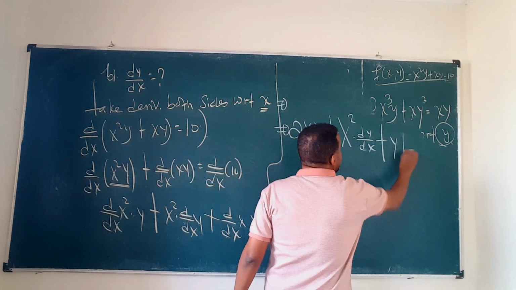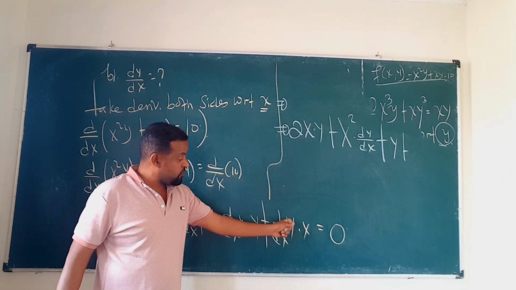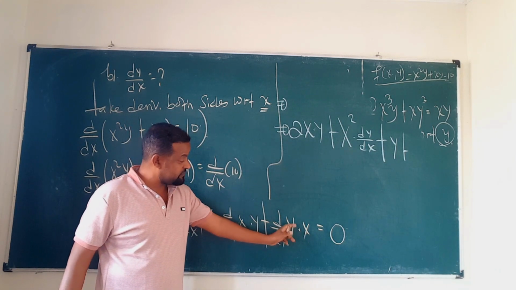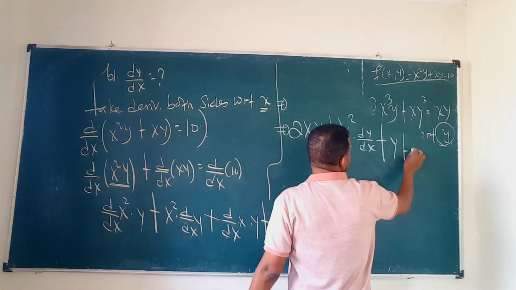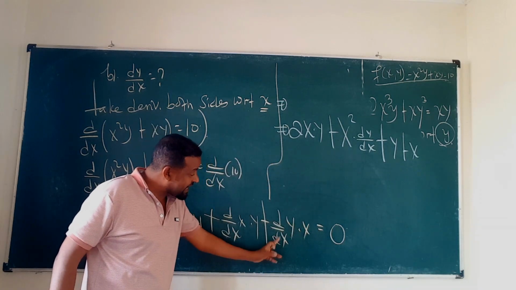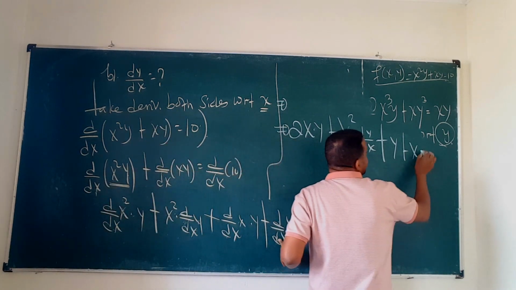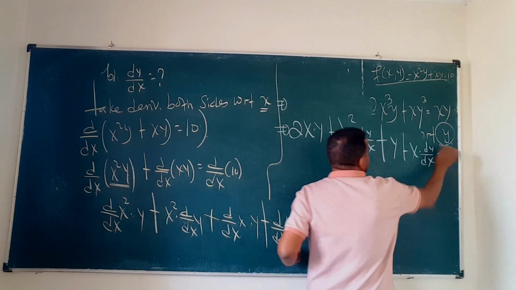Plus here the derivative of y is 1 times x, which is x, but since y is differentiated with respect to x, we write dy/dx. And the derivative of 10 is 0.